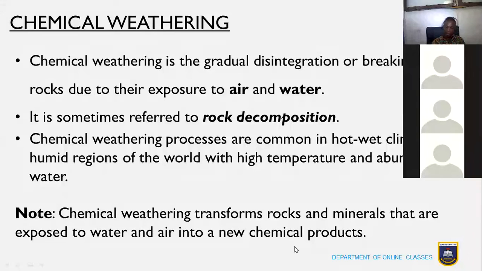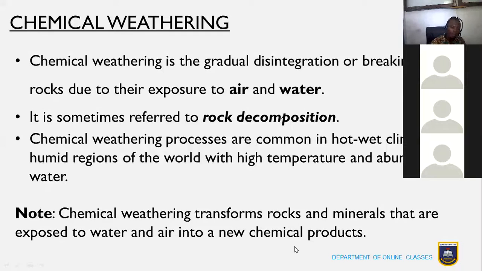Is that clear? Unlike the physical or mechanical weathering processes, whereby the processes leading to the eventual breakdown of the rock do not affect or change the chemical composition of the rock. The texture or the appearance of the rock does not change, neither is the structure of the rock changed.